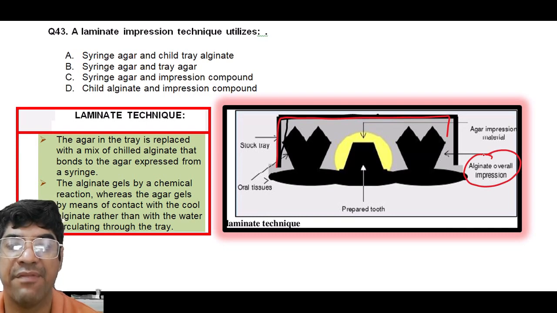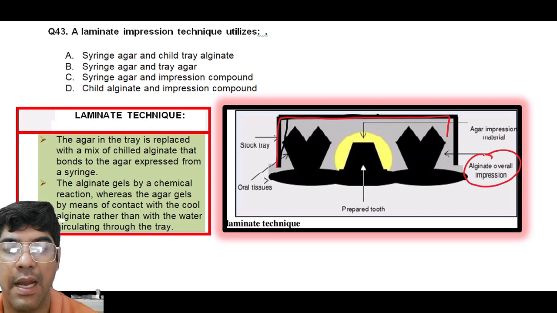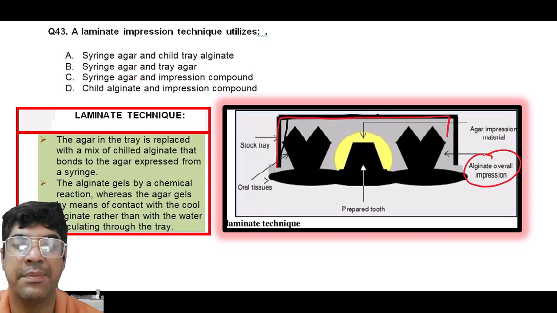Alginate is preferred due to its short setting time. Load the mixed alginate into the tray and make sure it is evenly distributed to cover all the teeth and soft tissue that need to be captured.